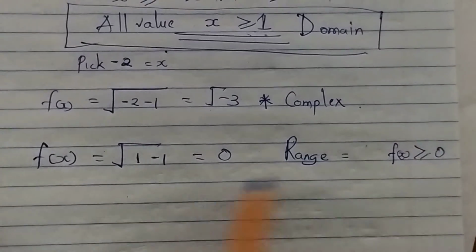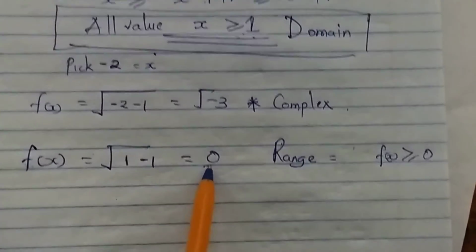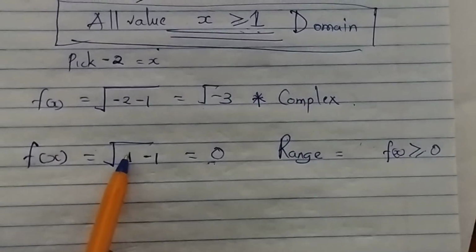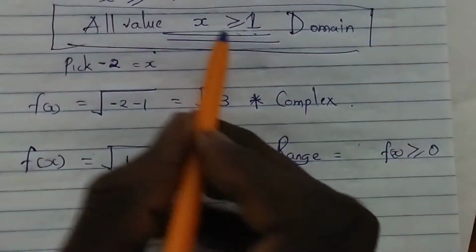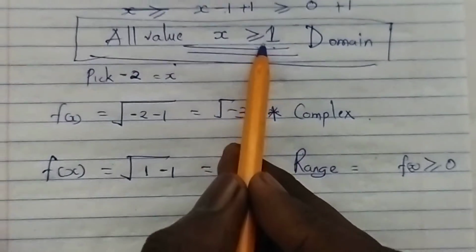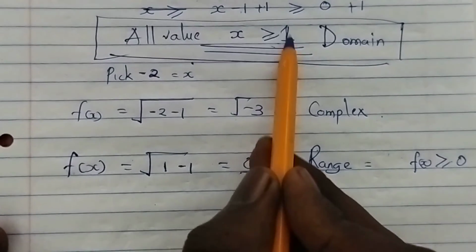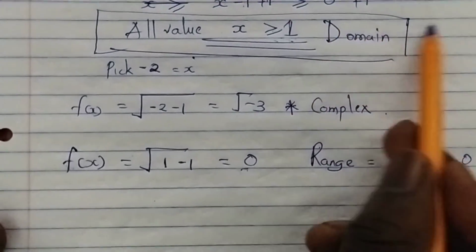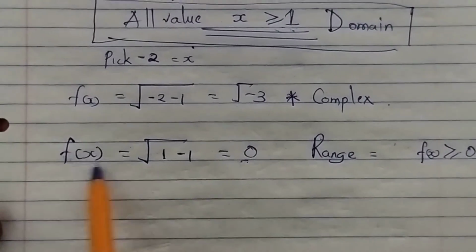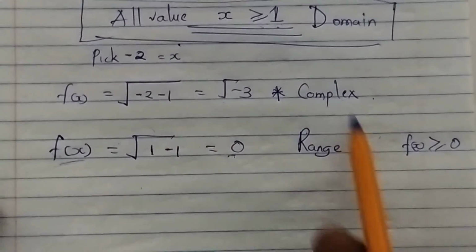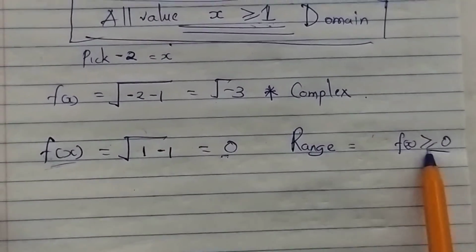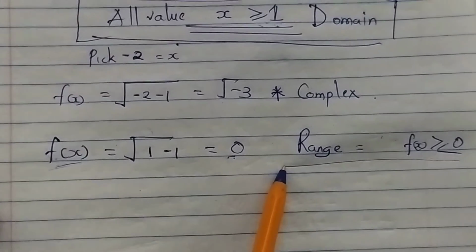The least value of f of x that you can get is 0. And when you put any other value, it will be in an increasing way. You can see our x is greater than 1, so we'll be moving on in the positive direction. So our value of range will be increasing. So the least value that you can get is this. So this becomes your range.